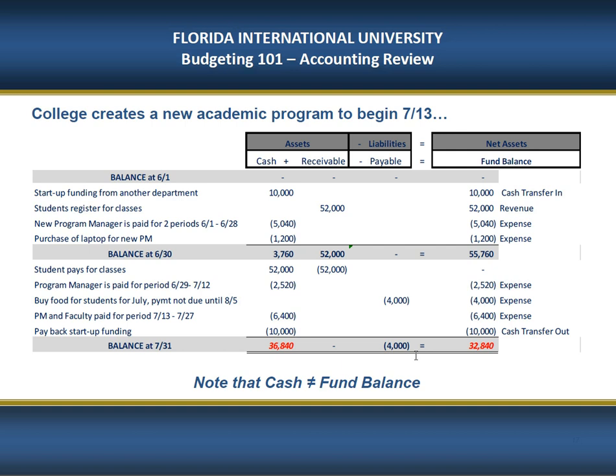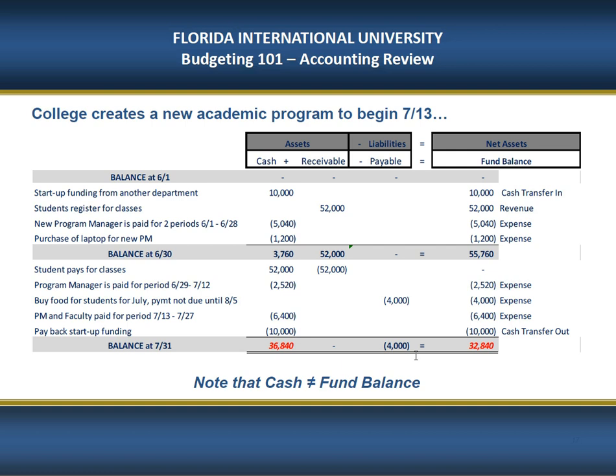If you are working at an academic unit and you have a very high accounts receivable number, then your cash balance is going to be lower than your fund balance. If you need to determine how much money you have available to make future purchases, you want to look at your cash balance. Now, this is not applicable to everyone.